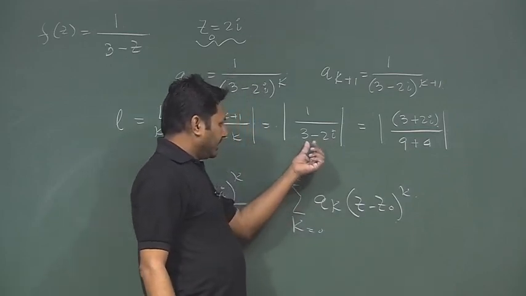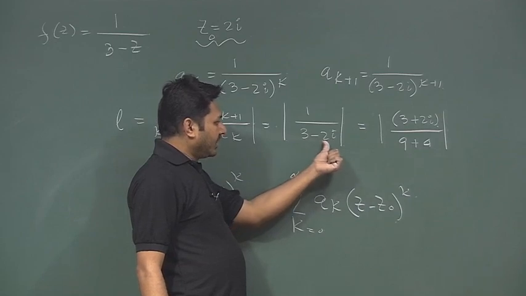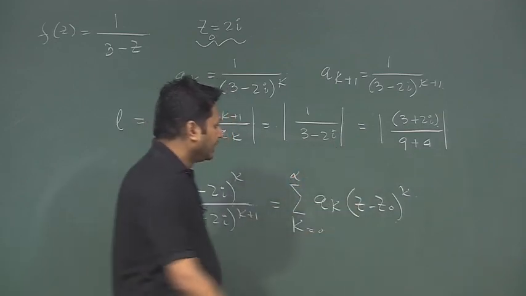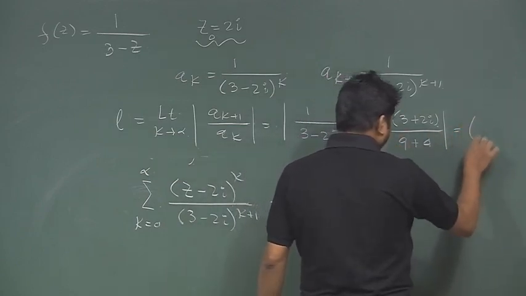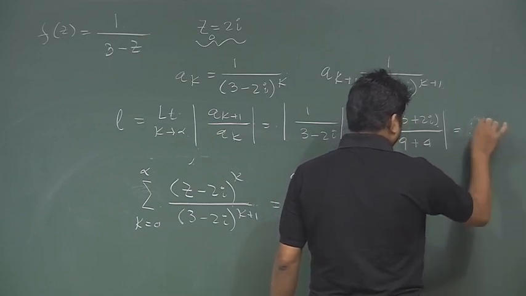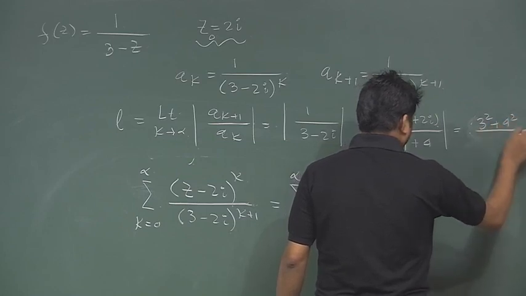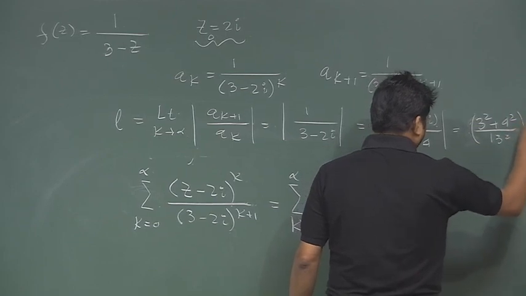a plus b into a minus b. So, a square is 9 and b square is 4. So, 9 plus 4 is 13. So, the result will be something like 3 square plus 2 square, divided by 13 square, whole to the power of half.